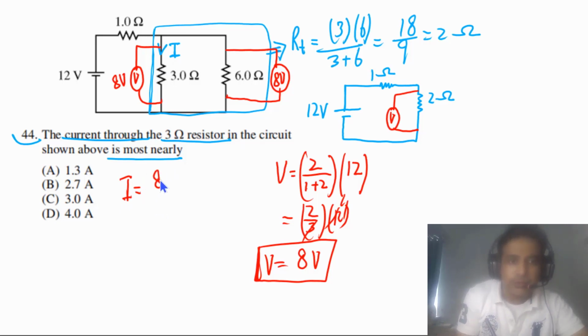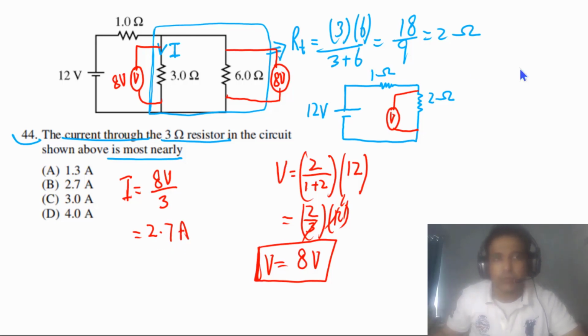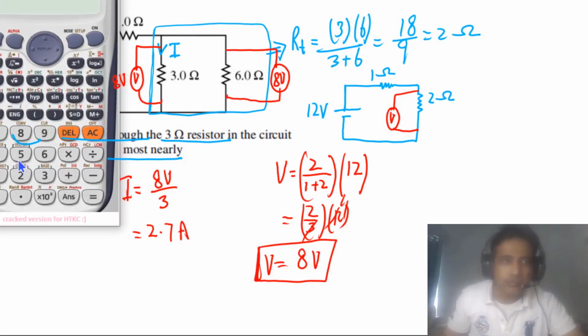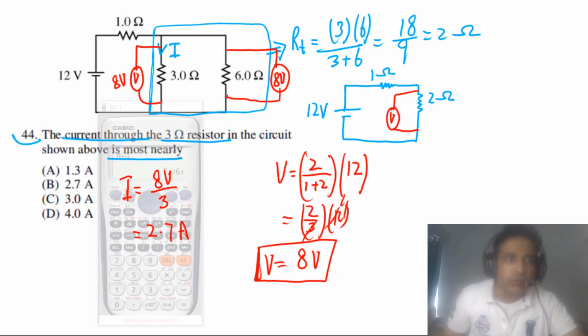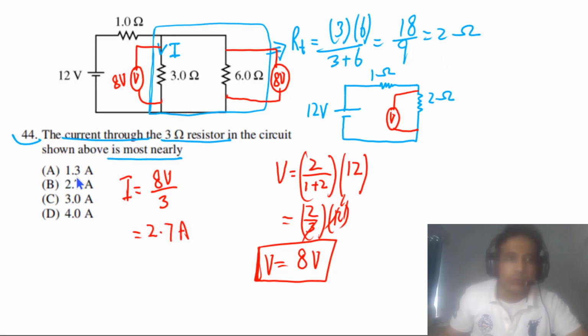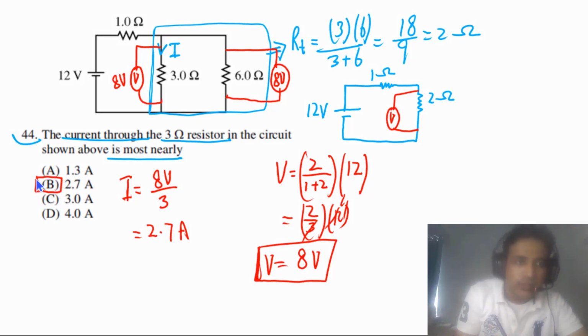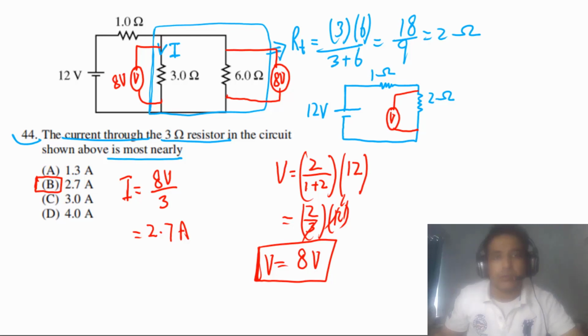PD across this one is 8 volts divided by 3. So we will get about 2.7 amps. You can also check this. We have 8 divided by 3. If we solve this one, we'll get 2.6, so it's very close to 2.7 value. So the answer for this question has to be B. So B is the right answer. This is how you can figure out.